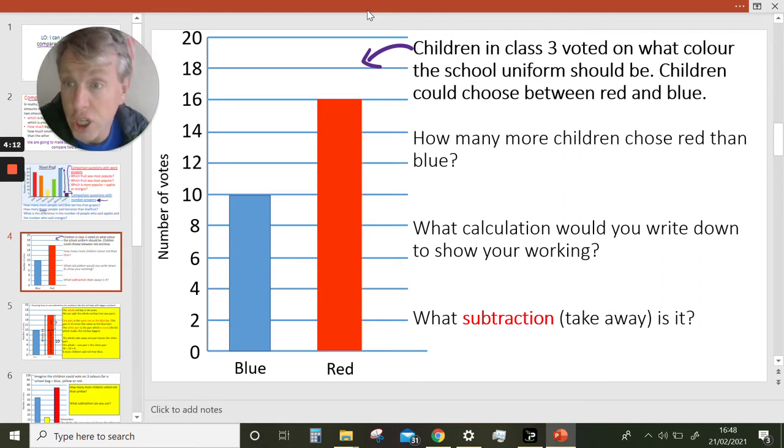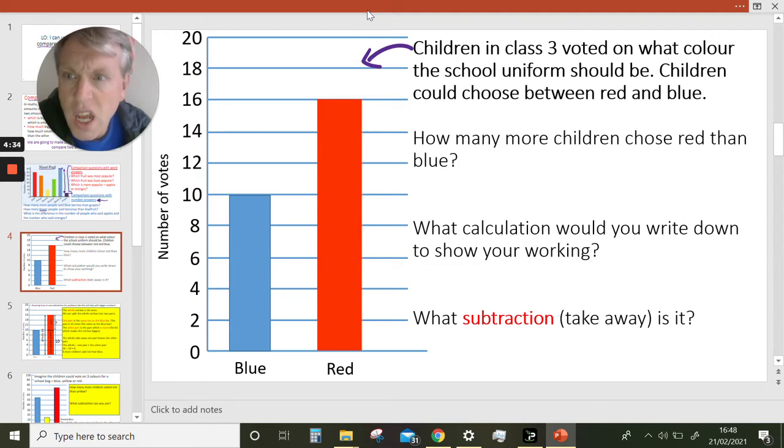And the children could choose between red and blue. How many more children chose red than blue? Have a go. Stop the video.